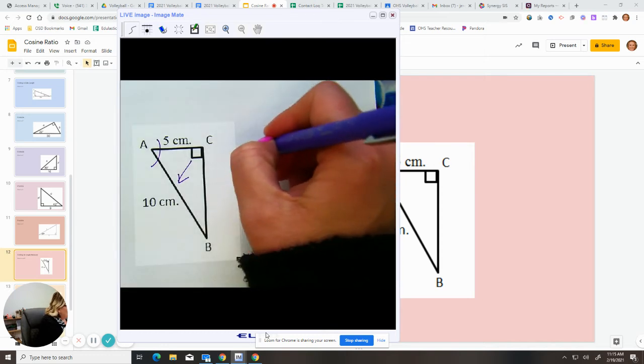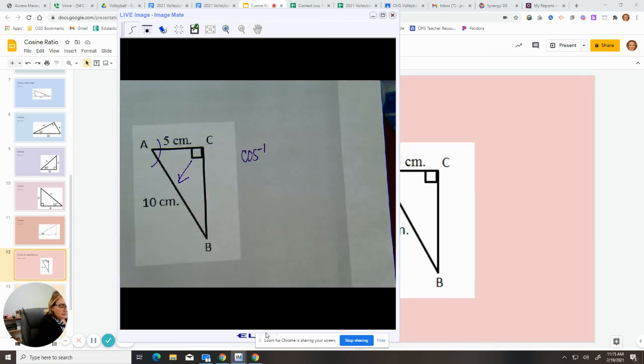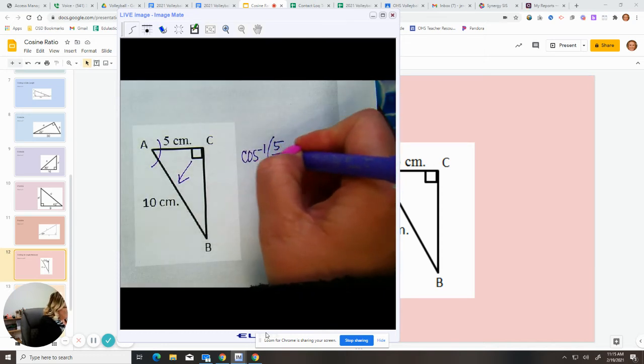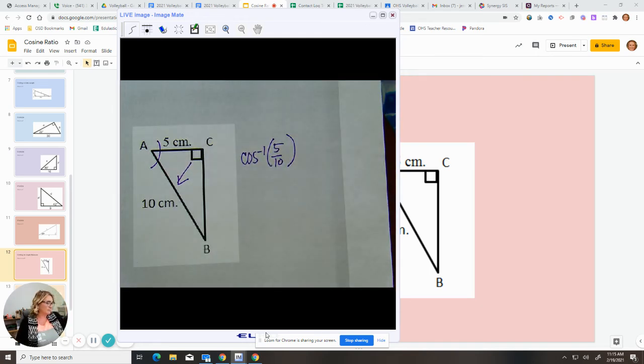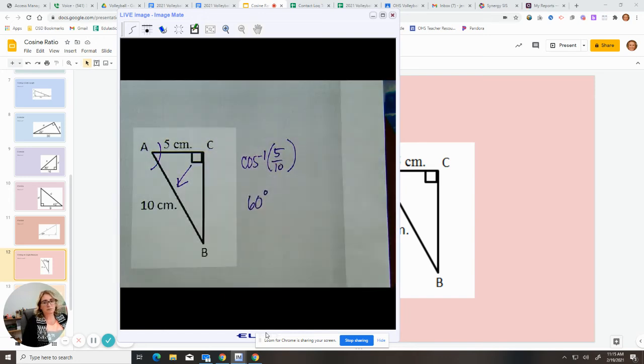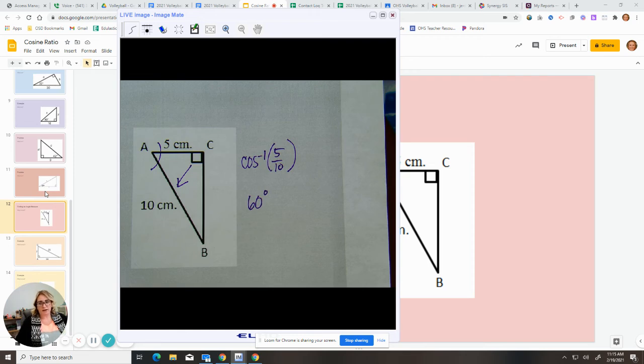So we are going to take our inverse cosine of 5/10 because it's the adjacent over the hypotenuse. When we do that, a lot of you guys, it's your second button and then the cosine button. When you do that, you get 60 degrees. So make sure you're setting it up correctly.